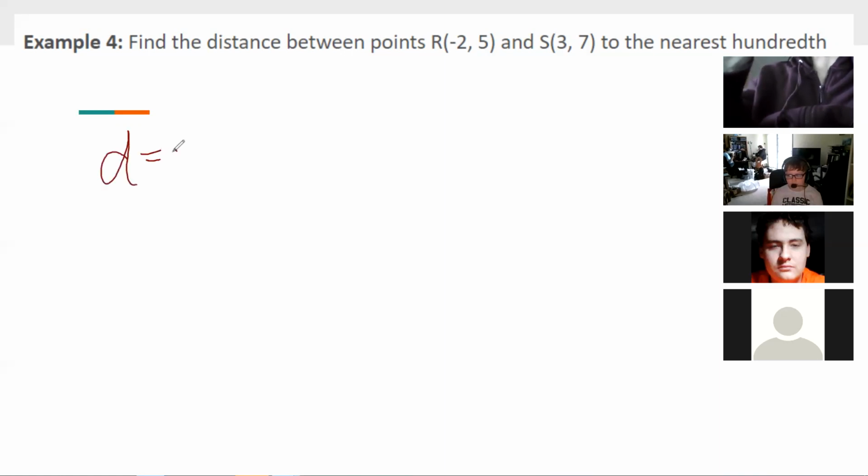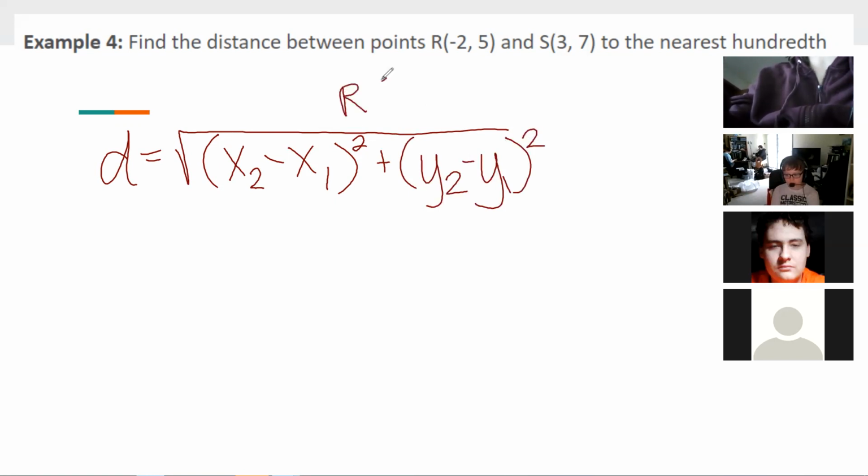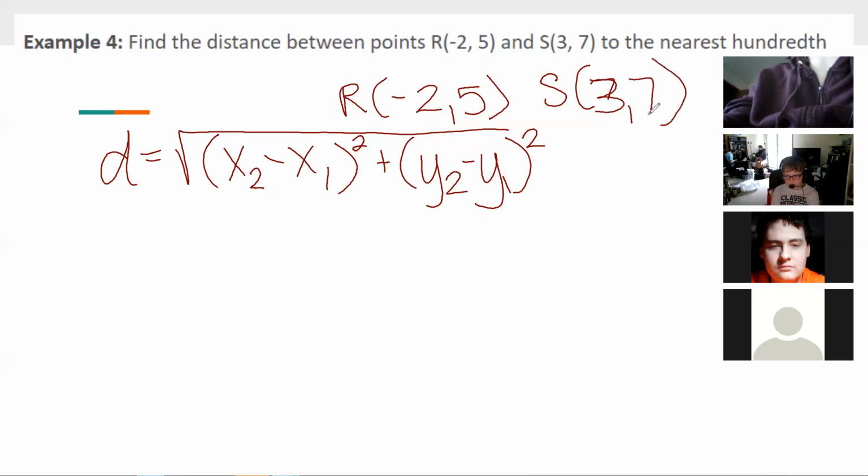So here's our distance formula. It tells us to subtract the x's, square them, and then add it to the y's subtracted and then squared. And here are our points. We have R is (-2, 5), and S is (3, 7).